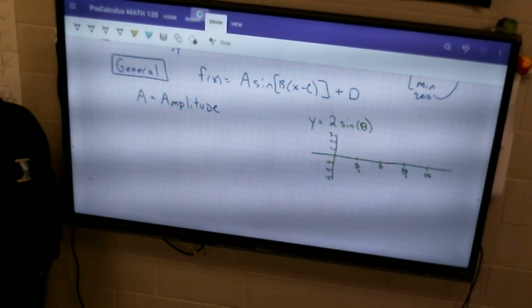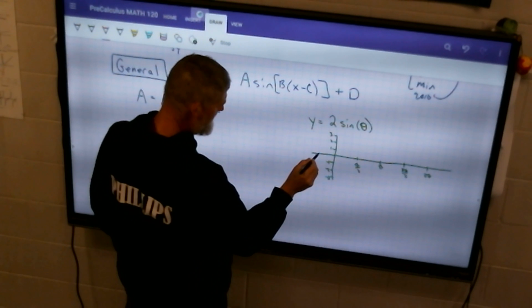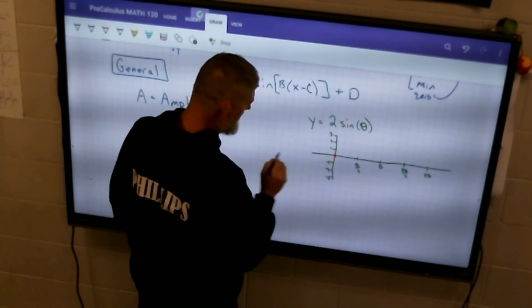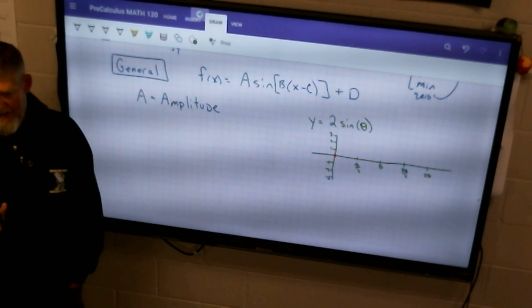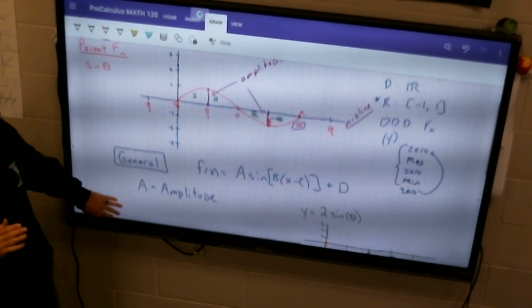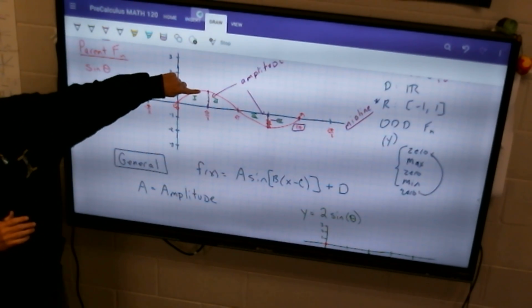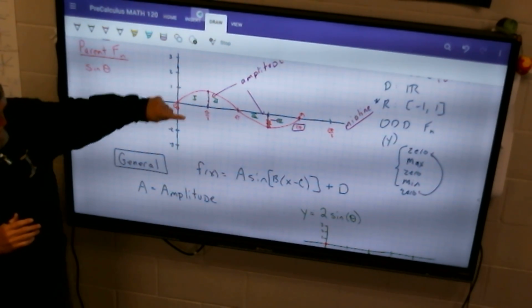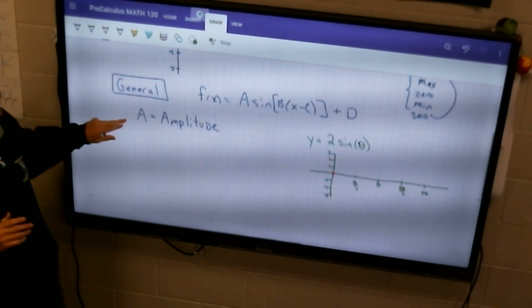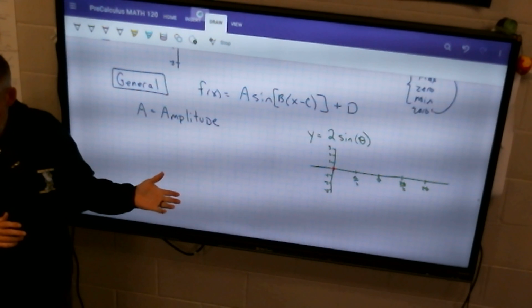Now, normally, on a sine graph, I always start at 0, correct? That's not affected by the amplitude, so I just start at 0. Now, the next point at pi over 2, normally, that's where I hit my max at 1, correct? So normally I go from 0 to 1. But since my amplitude is 2, what am I gonna do?